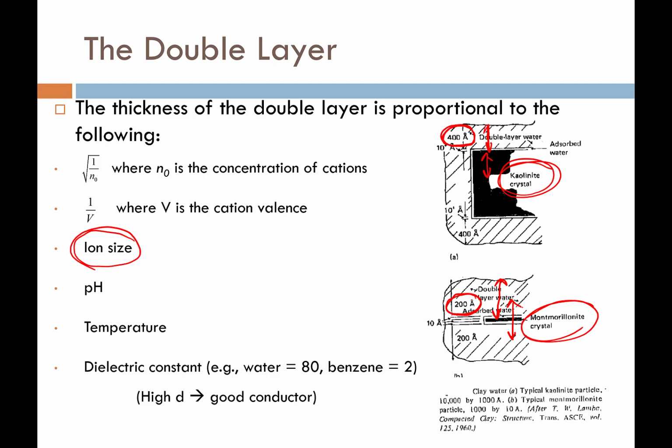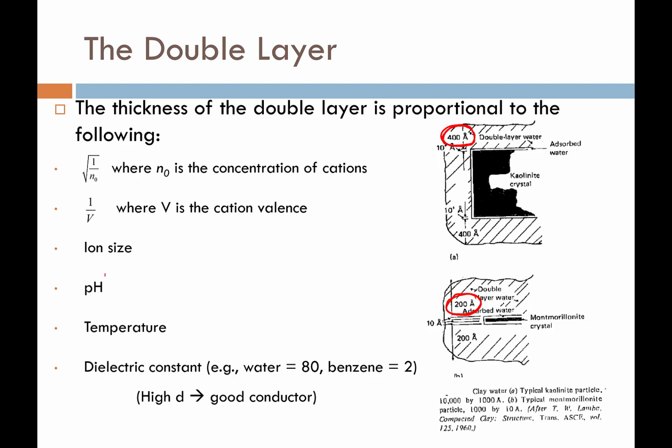So that's why the double layer is going to definitely govern the behavior of the montmorillonite here, because the double layer is so much thicker than the thickness or the mass of that montmorillonite ion.